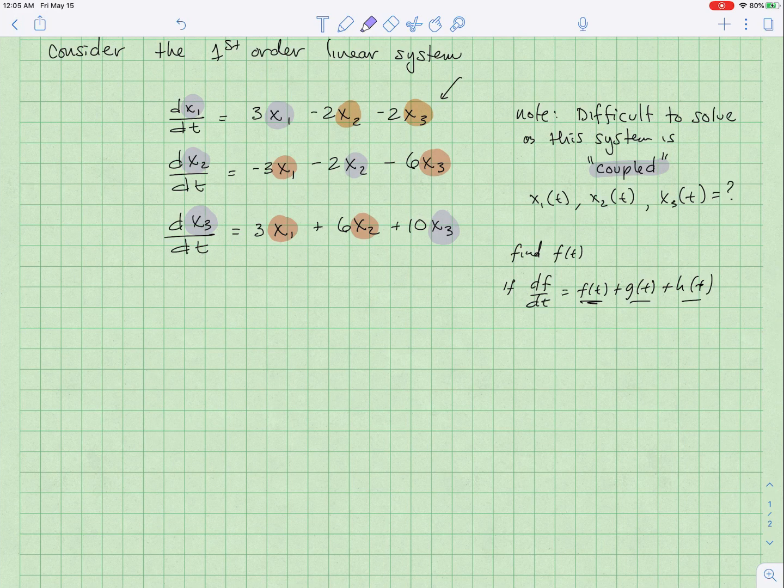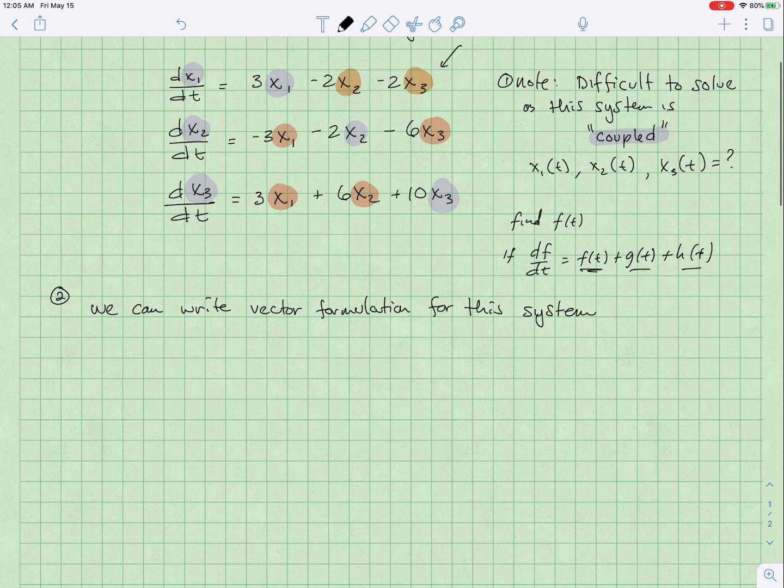Okay, so how can we begin to deal with something like this? Well, another thing that we should note, so this is note number 1. Let's make another note here. Number 2, we've been studying matrices and eigenvalues and eigenvectors and all kinds of stuff like that. And one thing we can do here is write what's called the vector formulation for this system. And indeed, we have done something like this in one of our earlier homeworks.